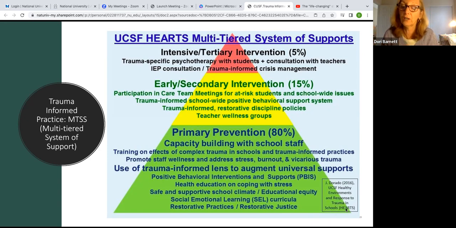HEARTS is an acronym. They've done a lot of research on trauma-informed practices in schools. So you can see at the universal or primary tier, some trauma-informed practices might be just using a trauma-informed lens. They have PBIS, social emotional learning, restorative practice, teacher training on trauma-informed practice, and promoting staff wellness and addressing stress and burnout.